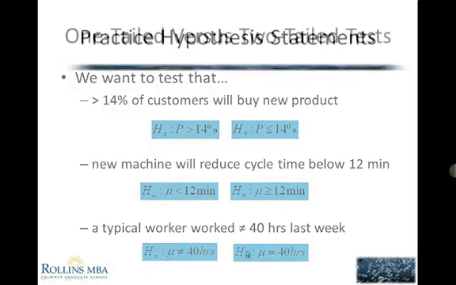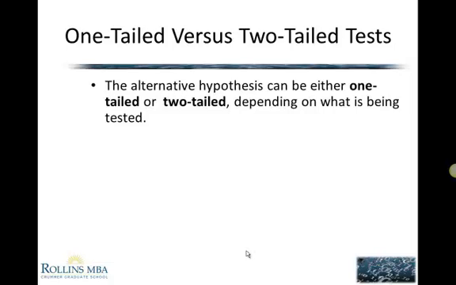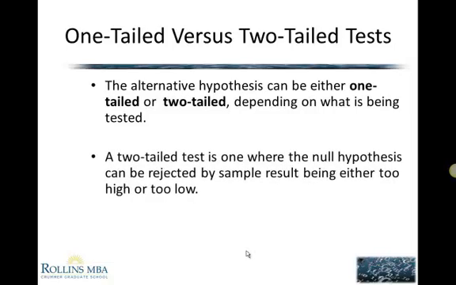All right, the last thing I want to cover in this brief segment is the idea of a one-tailed versus a two-tailed test. This really depends on a description that captures on what side of this sampling distribution our sample would have to fall in order for it to support the claim. So the alternate hypothesis can either be a one-tailed test or a two-tailed test, depending on what's being tested.